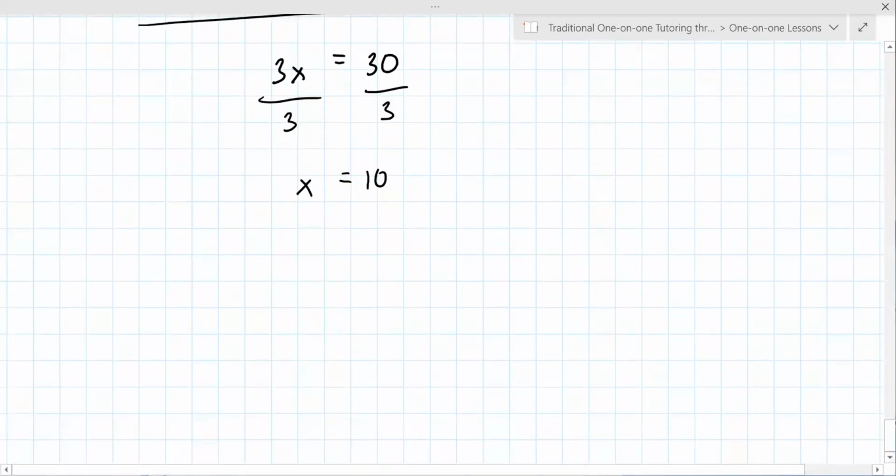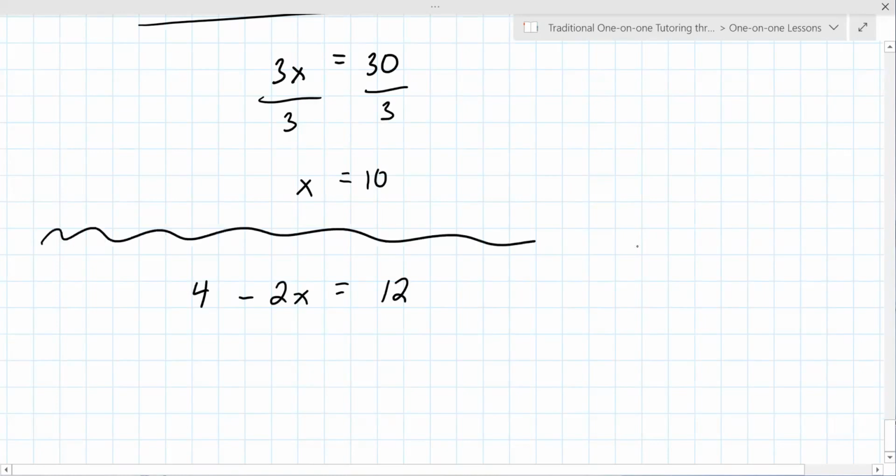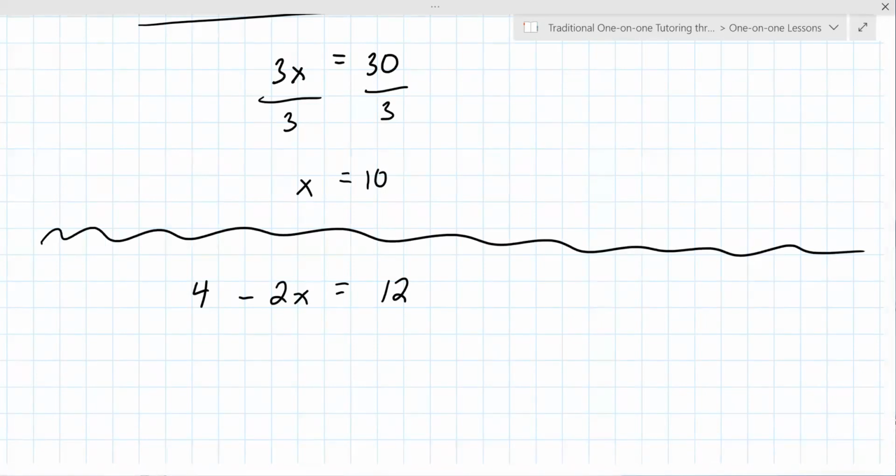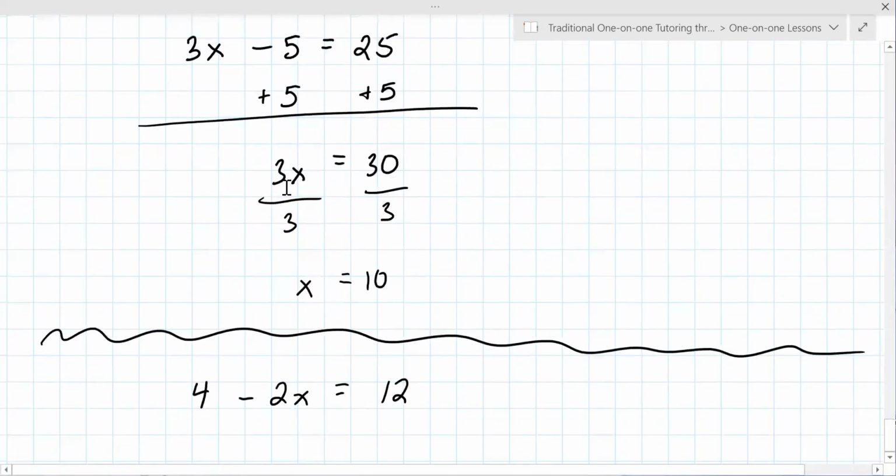Okay, let's try another one here. 4 minus 2x equals 12. Okay, so again, this is a 2-step equation, slightly different, slightly more difficult. Nope, you have to undo addition and subtraction first.